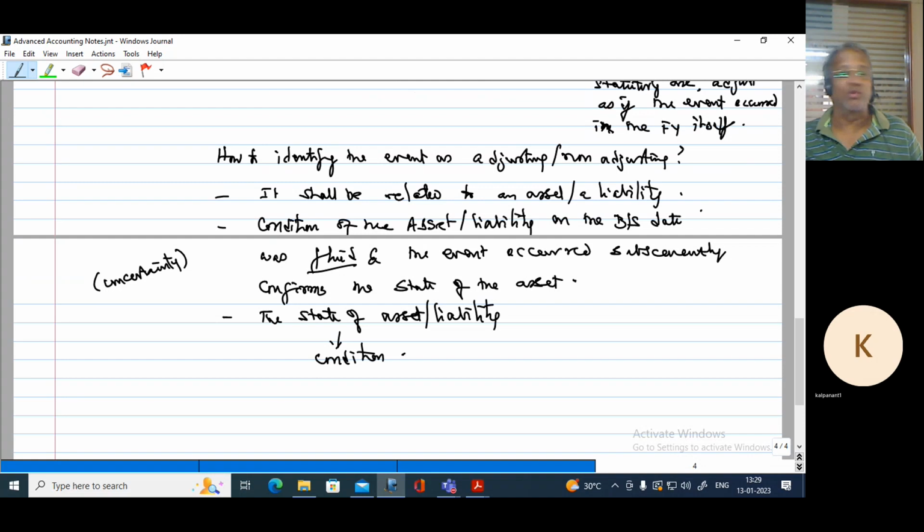So this event, I am not in a position to connect to 31st of March. He passed away on 15th of April, but on 31st of March he was stable. He was running a marathon and participated in many meetings. People used to say that on 31st of March he ran a marathon. Non-adjusting.